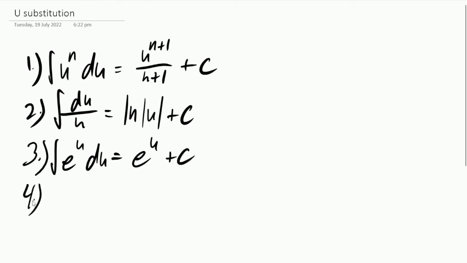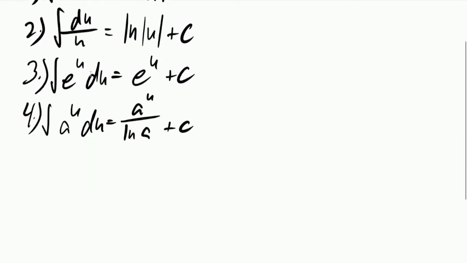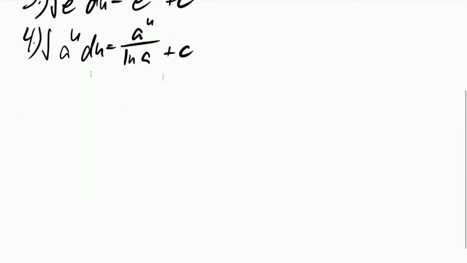And then number 4, we have the integral of the constant a raised to u du. This is equal to a raised to u over ln a plus c. That's all for the general integration formulas. Now next I'll be explaining how the U-substitution works. First, we have an example here.